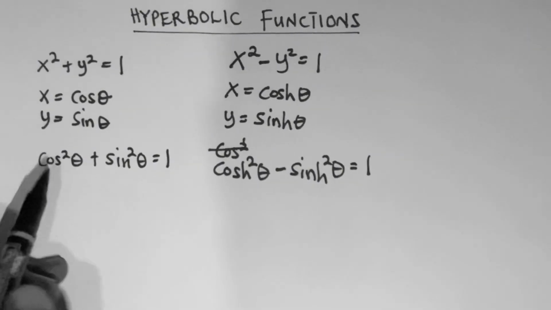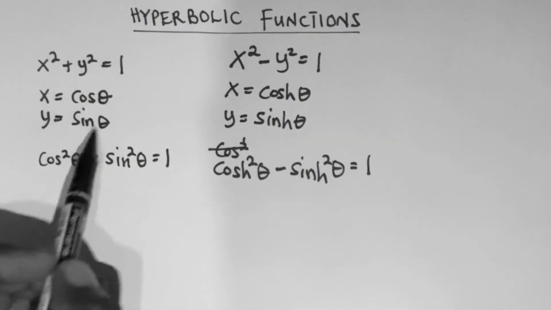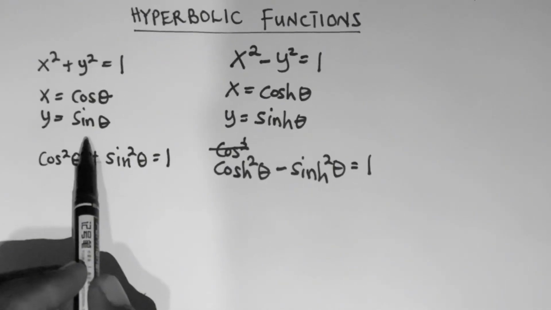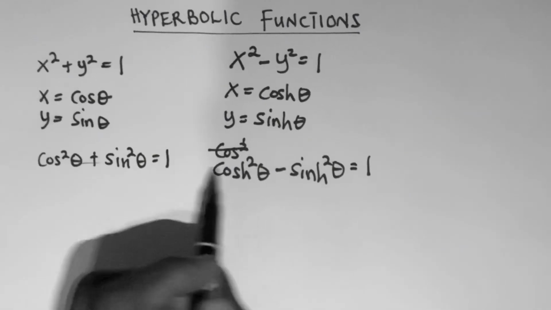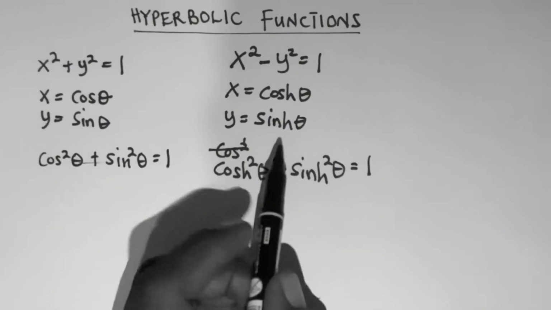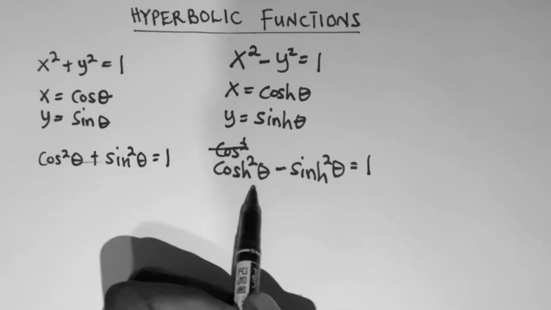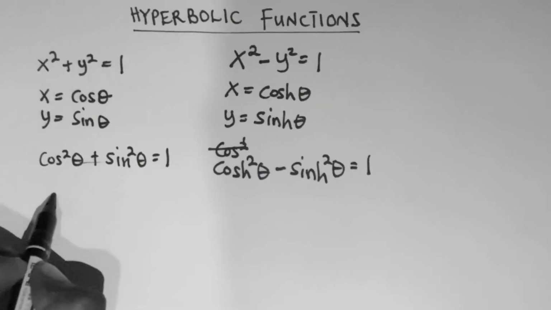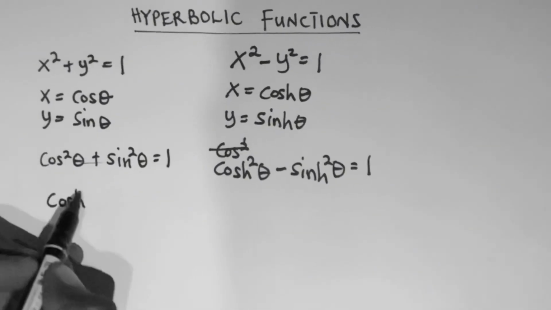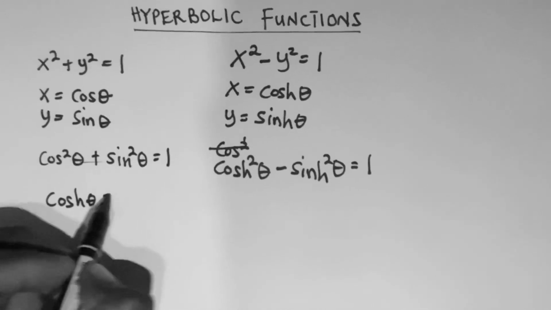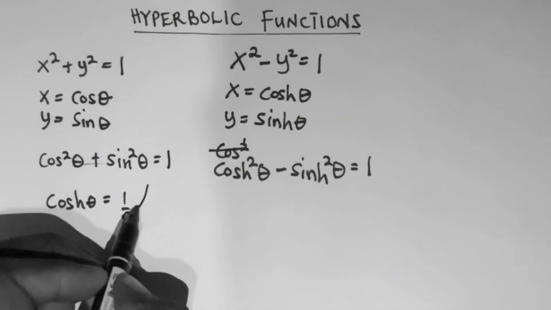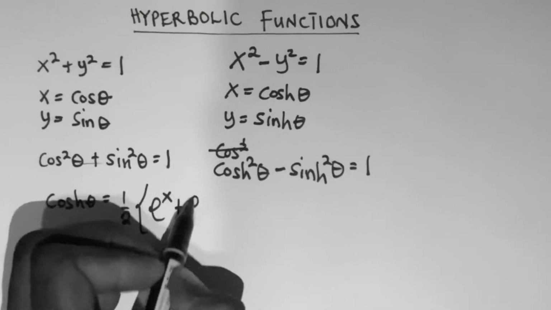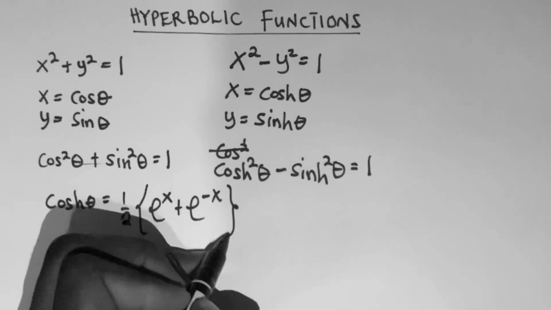Now, the trigonometric functions are normally given in terms of the adjacent, hypotenuse, and opposite. But hyperbolic functions are usually given as a sum of both odd and even functions. So by definition, the hyperbolic cosine function is given as half times the bracket e^x plus e^(-x).